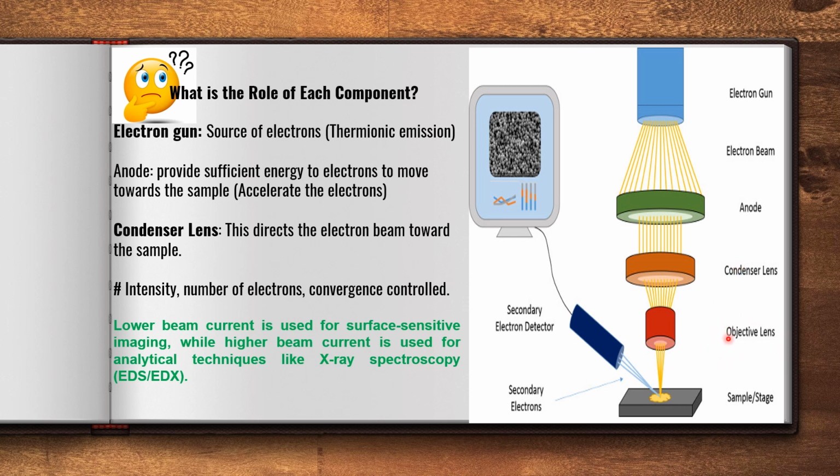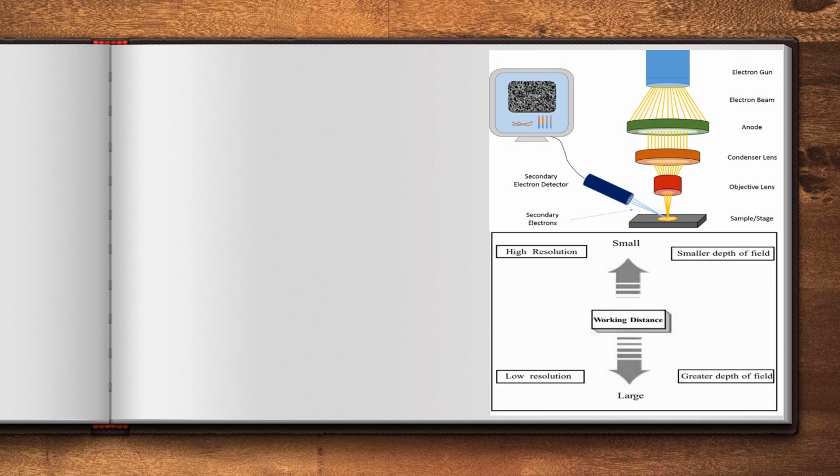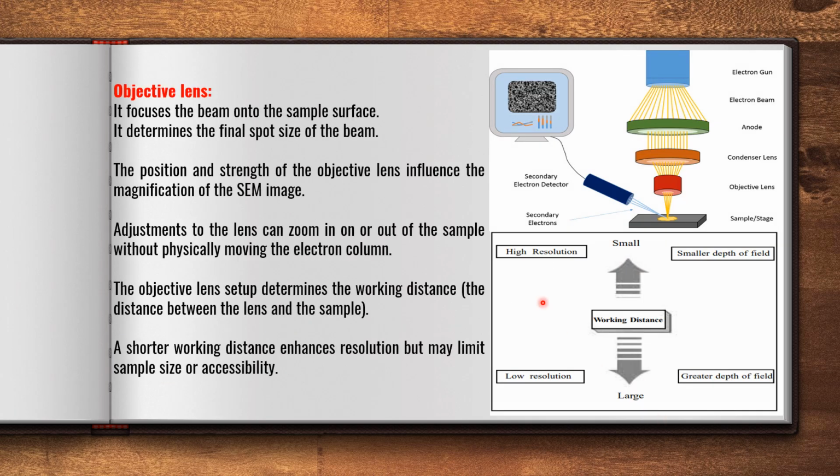Next and most important is the objective lens, which decides where the beam needs to focus. See here, it focuses the beam onto the sample surface. It determines the final spot where it needs to detect.